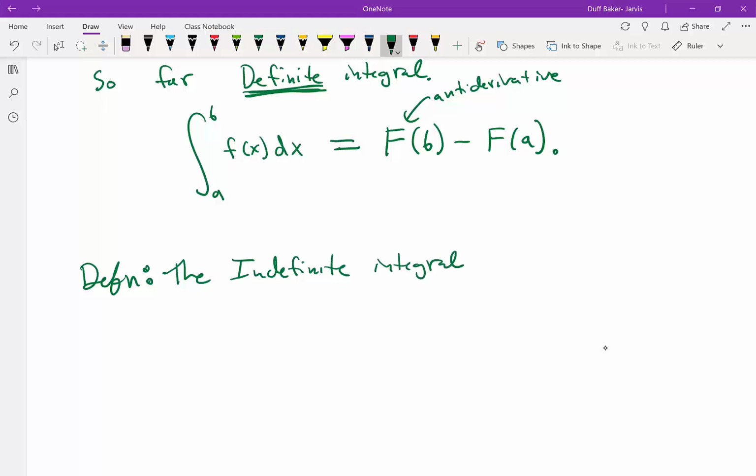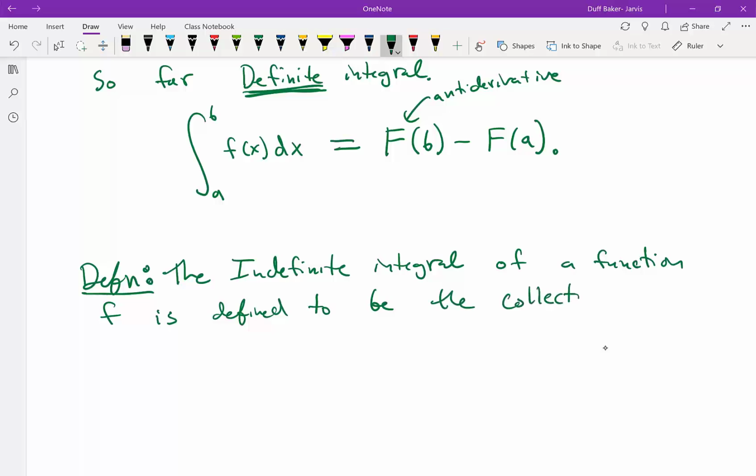The indefinite integral of a function f is defined to be the collection of all antiderivatives.